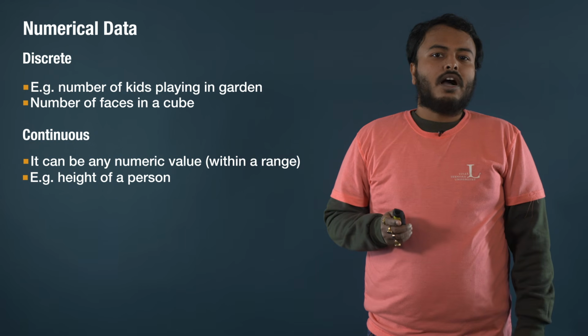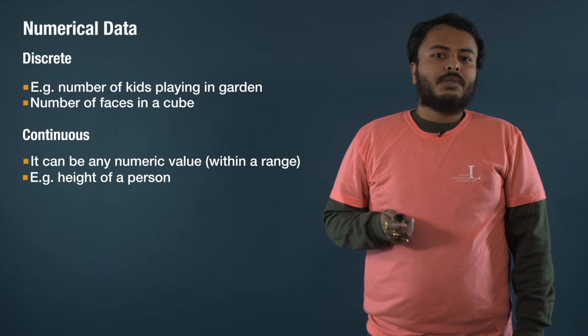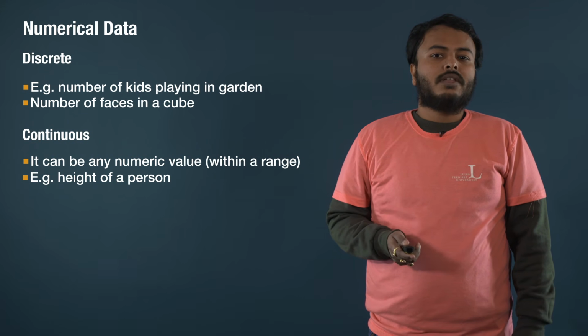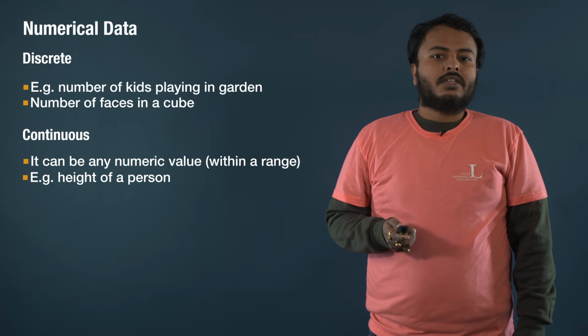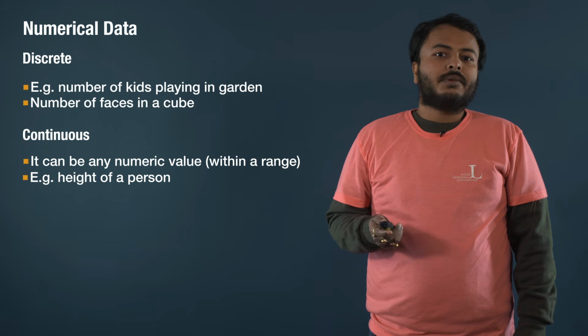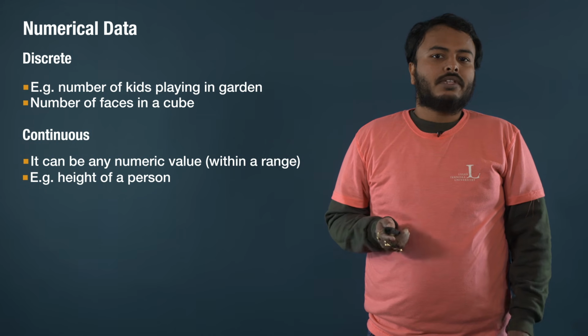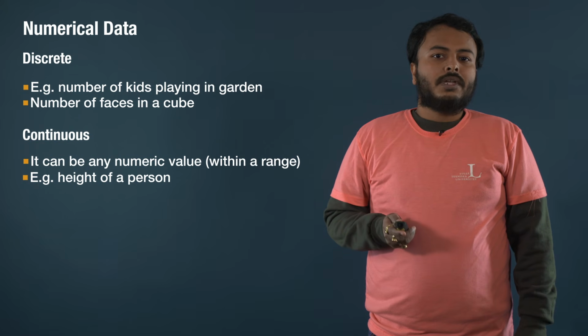For example, how many faces a cube has, how many kids are playing in a garden. So these numbers are discrete, and when it comes to continuous, it can be anything in a range. For example, what is the height of a person, and it should be between like 5 feet to 10 feet. So it has a range that we specify. So these are the numeric data types.